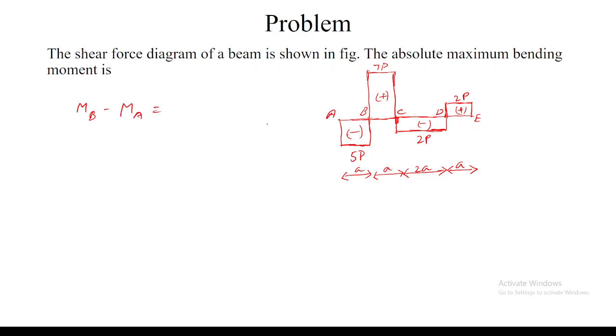So the difference between the moment at point B minus the moment at point A equals minus 5P into A.